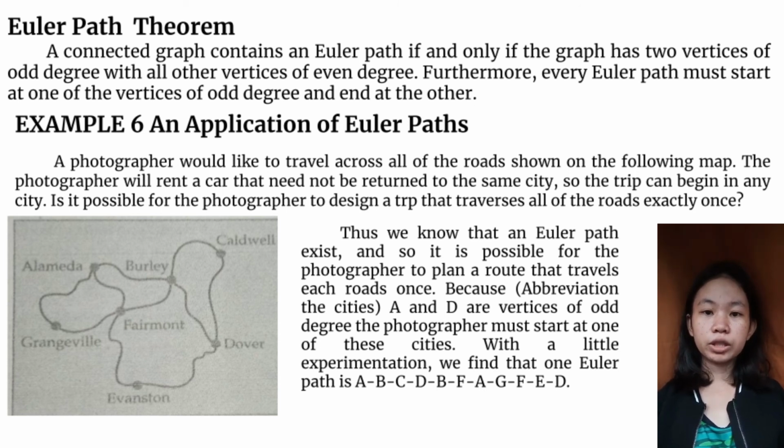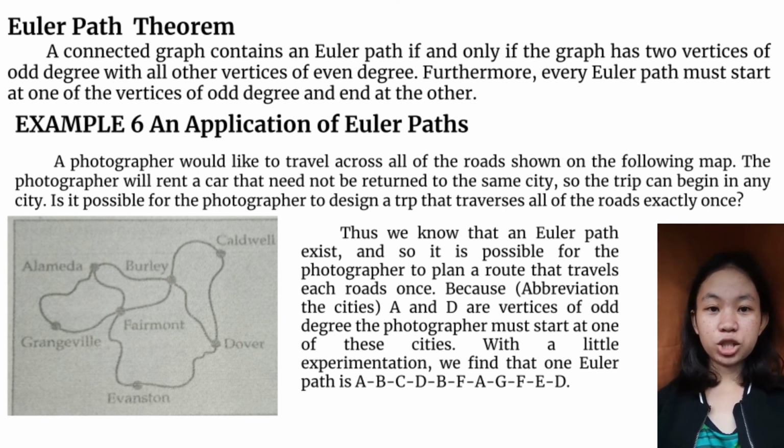The photographer must start at one of these cities. With a little experimentation, we find that one Euler path is A, B, C, D, B, F, A, G, F, E, D.